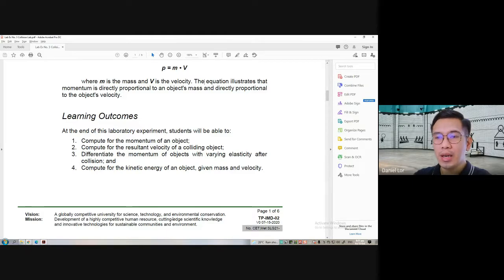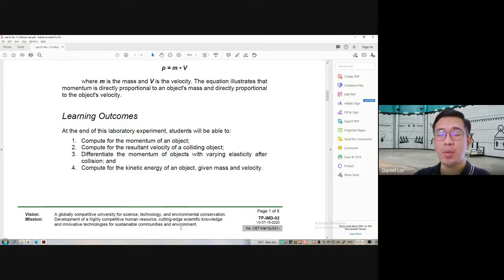Next, differentiate the momentum of objects with varying elasticity after collision. Later, during the conduct of our experiment, we will see that elasticity is a factor. We also compute the kinetic energy of an object given mass and velocity.